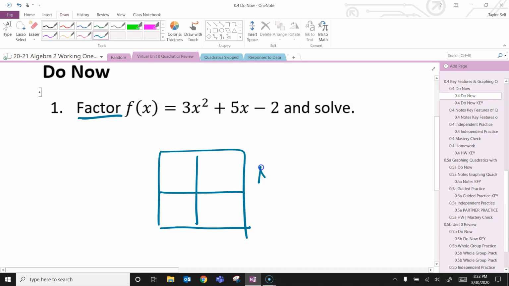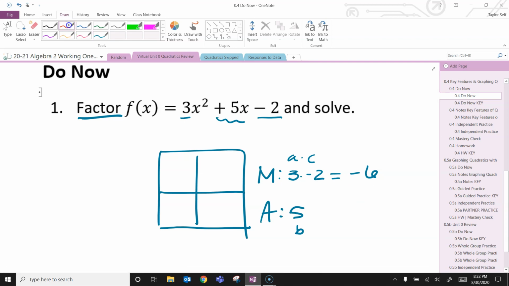We want to multiply to a times c, so 3 times -2, which is -6. Again, that's a times c. We want to add to b, so add up to 5, which is b. All right, and we need numbers that multiply to -6 and add up to 5. So we should think of numbers.